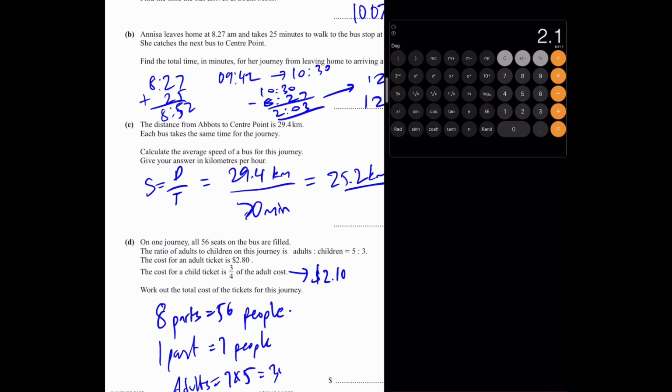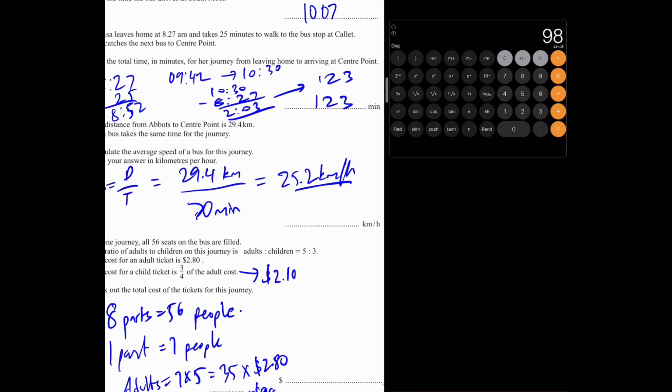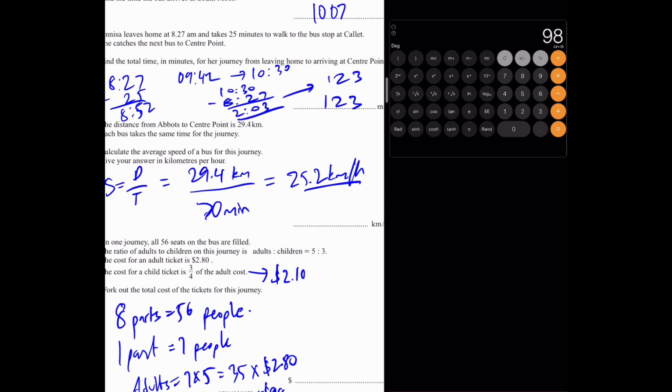That would be 35. And the cost will be 35 times 2.80. That will be equal to, let's do 2.8 times 35, which is equal to $98.